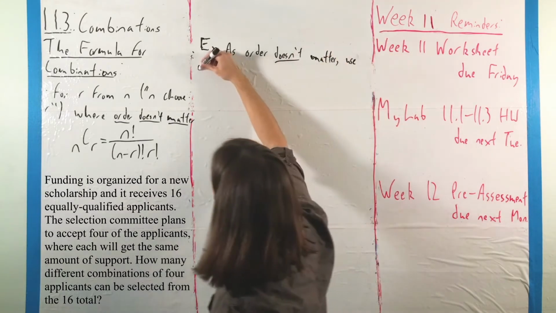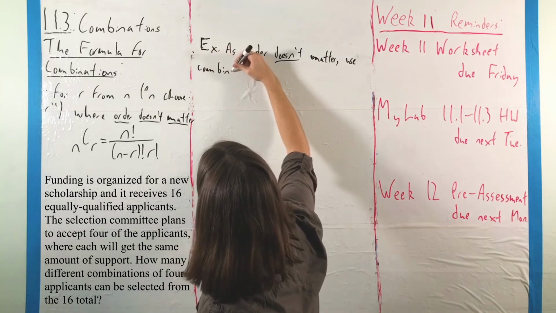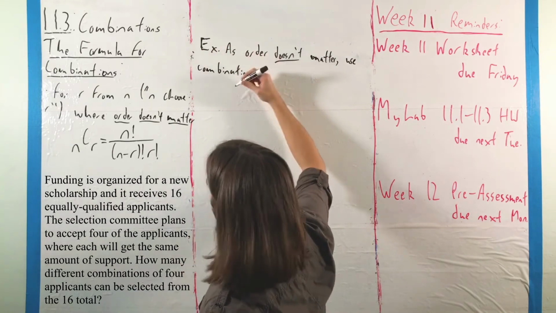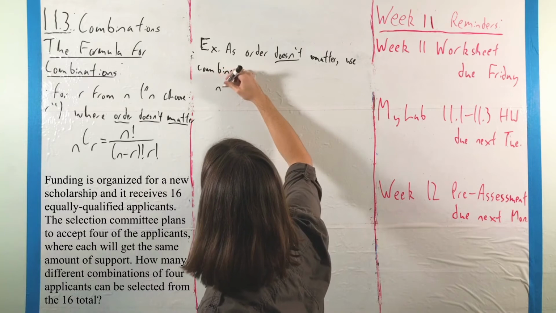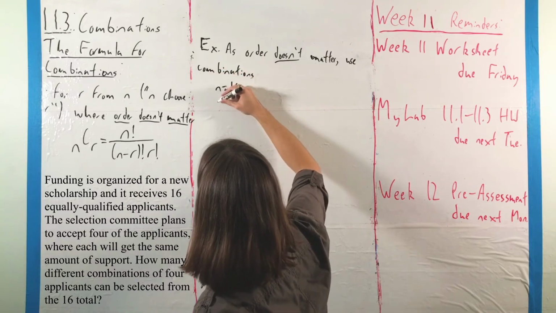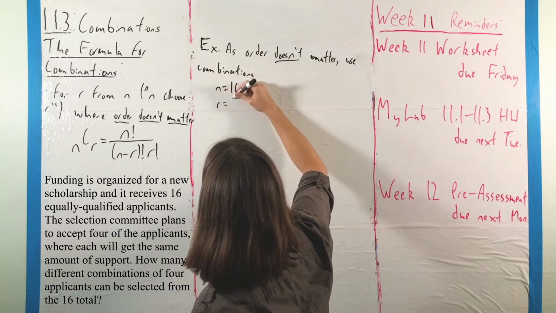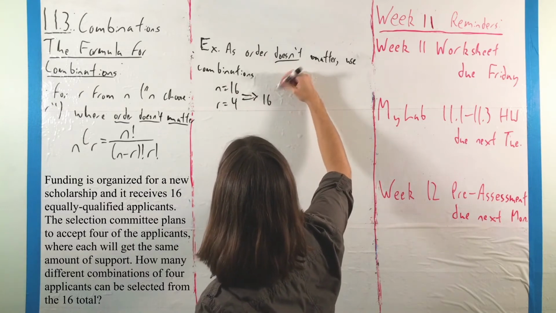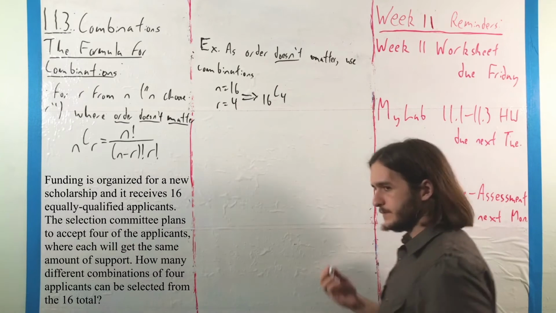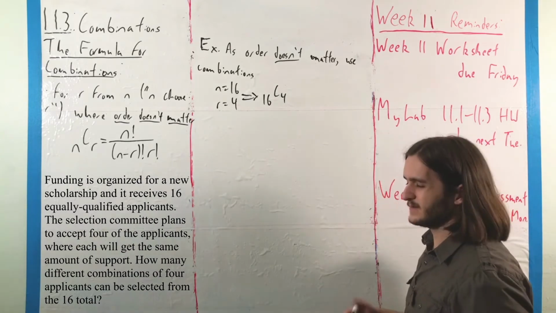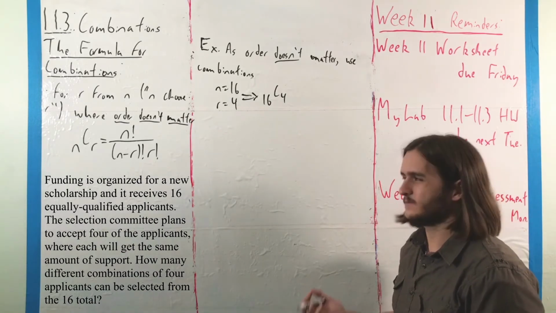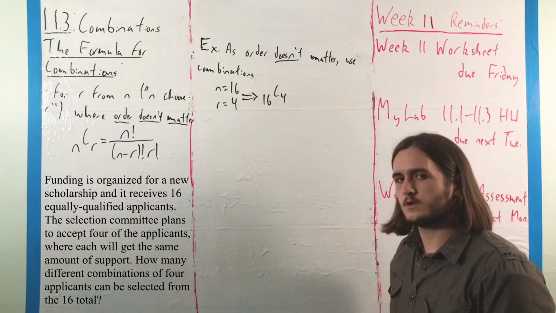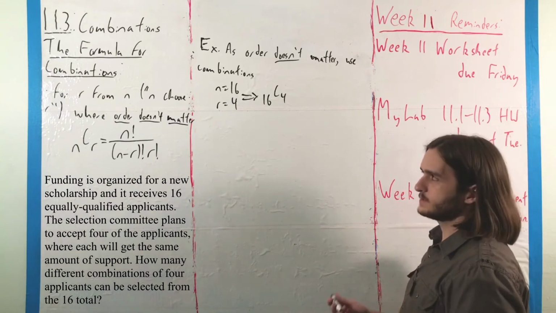we use combinations, which means that we are taking n equals 16 options and choosing r equals 4 of them. 16 C4, using that notation. Again, not really the most instructive or obvious notation, but it's the one the book uses, so it's the one I'm going to try to use as much as possible.